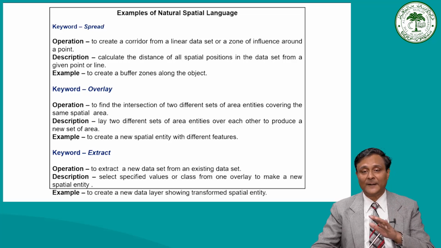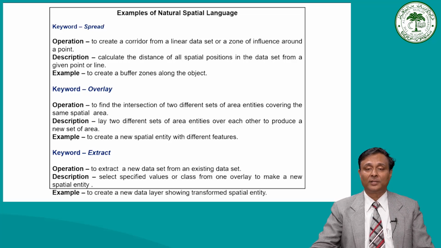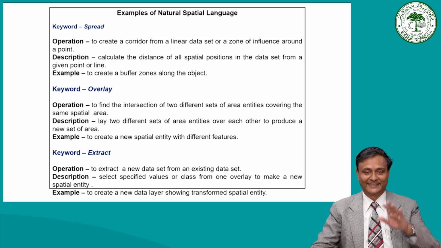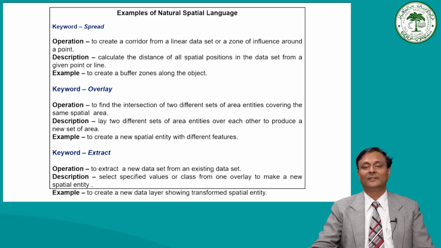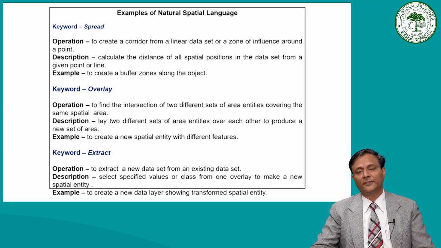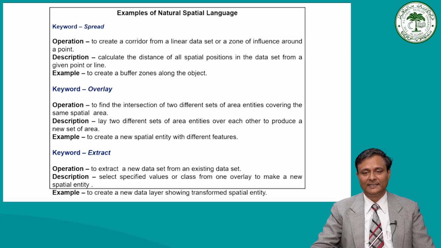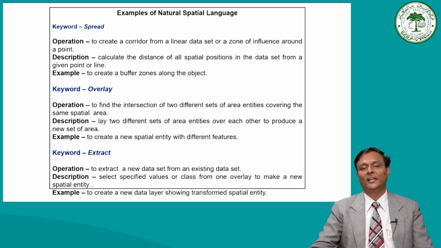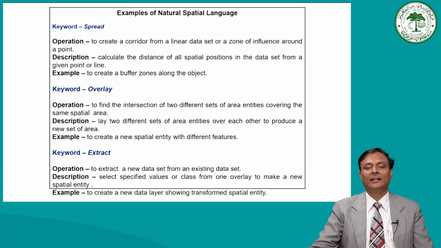If you recall, we discussed the irrigation of rice farm. This was the example which I explained to you. This overlay is done by superimposing two or more sets of area entities over each other to produce a new set of area. Similarly, extract is to extract a new data set from the existing data set. This is done by selecting specified values or class from any one entity to make a new spatial entity.